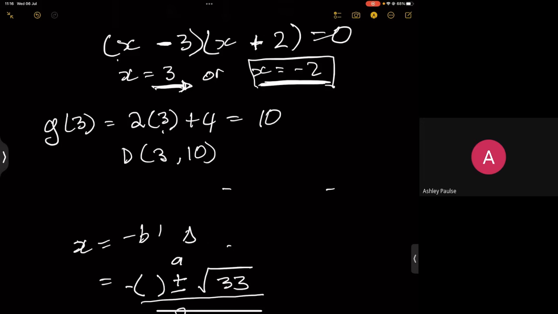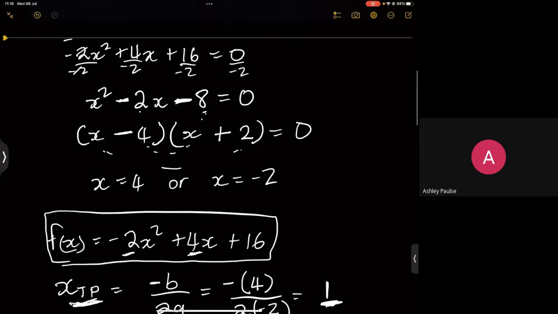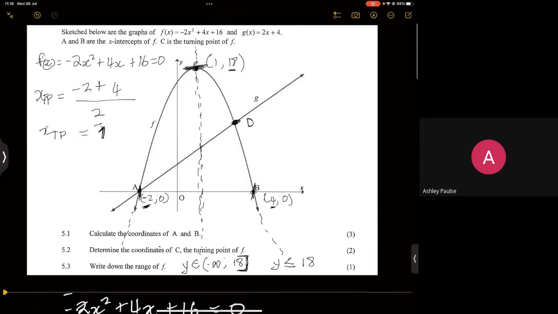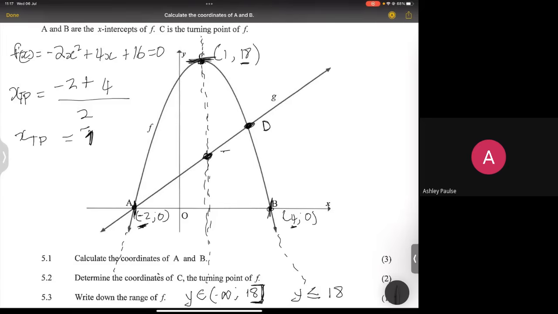Right. Yes. I want you to do something for me very quickly. I would like for you to calculate for me, let's say, the distance. Okay, let me just make a point there. Let's call that point E. Can you please calculate the distance CE for me?